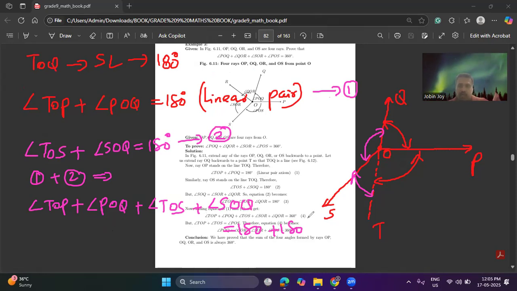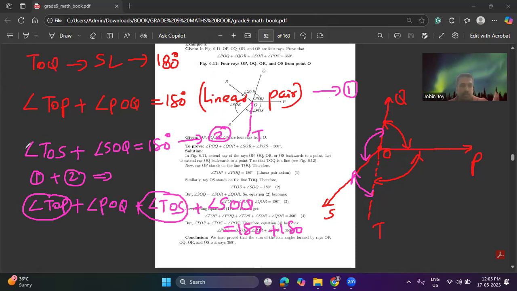Check this: what is angle TOP plus angle TOS?